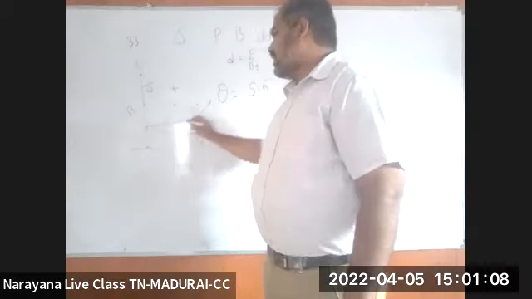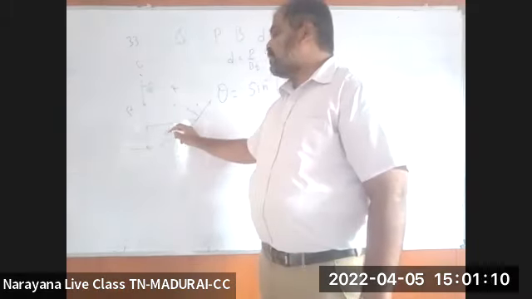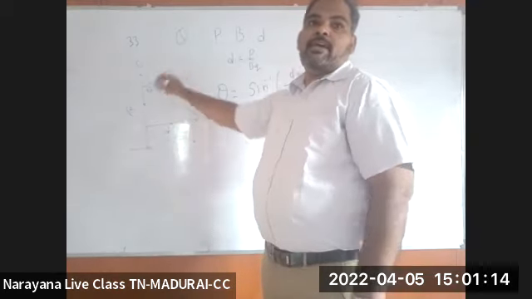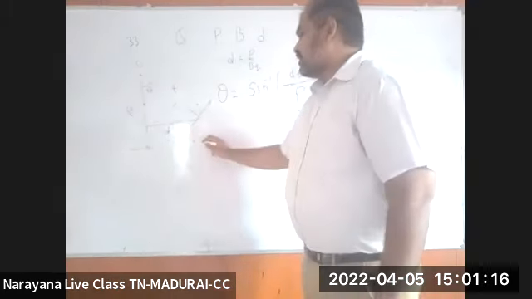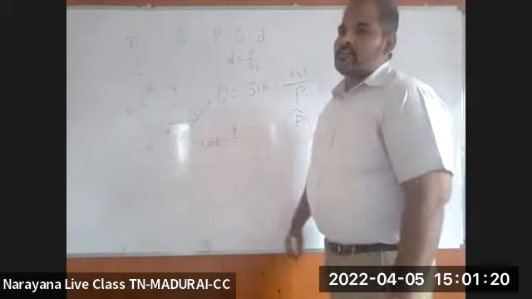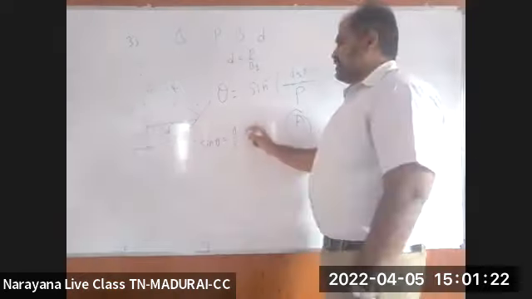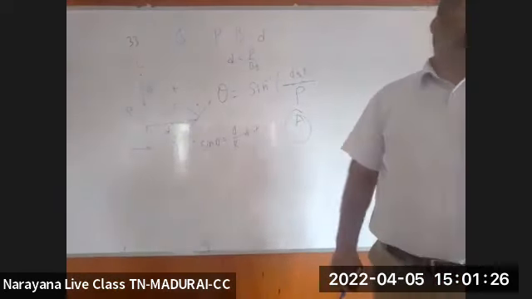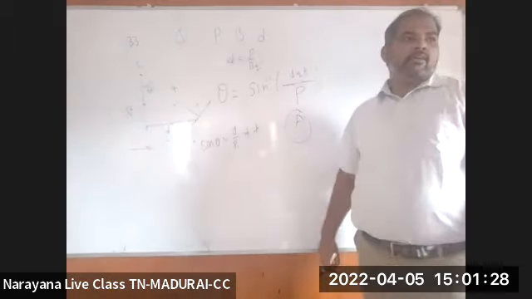This width of the magnetic field is small d. So sin theta, what can I write? Opposite side by hypotenuse. So sin theta equals the width of the magnetic field by radius. This you have to remember, the radius of the circular path. You know very well, that is mv by qB.